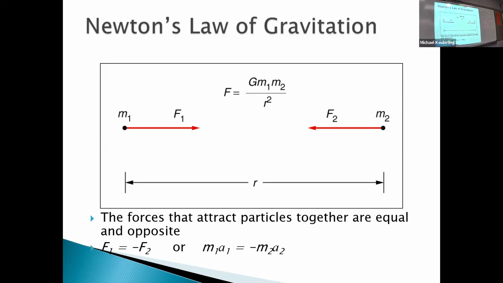So you're more or less zero charge. But your mass just keeps getting bigger. And the forces that attract particles together are equal and opposite. So force 1 equals minus force 2, or mass 1 times acceleration 1 equals minus mass 2 times acceleration 2. So it's the same force on both objects.